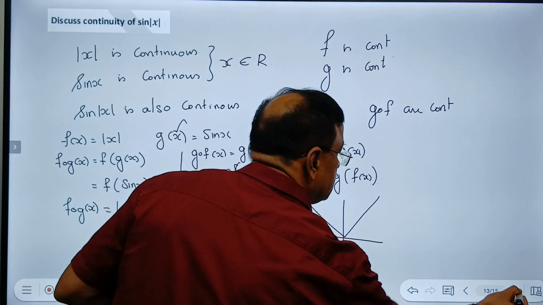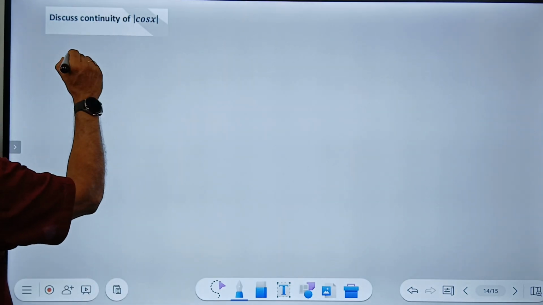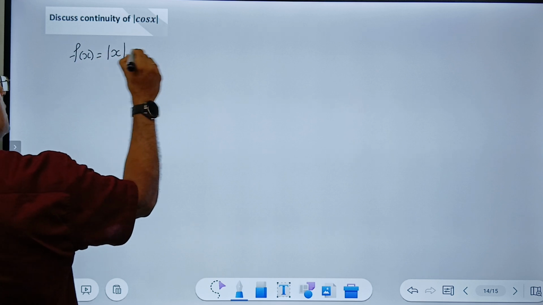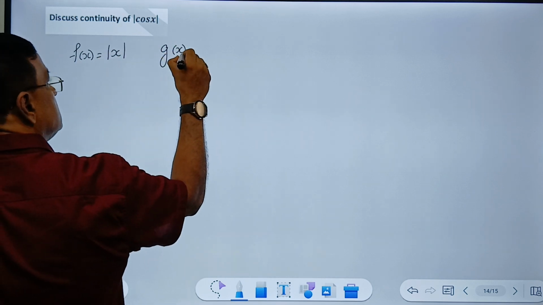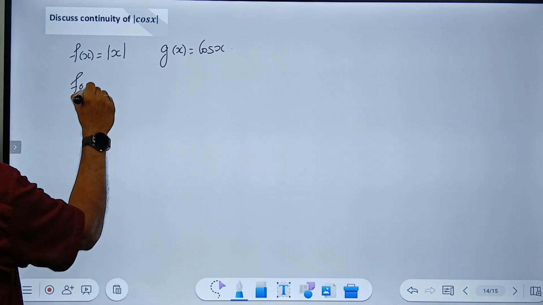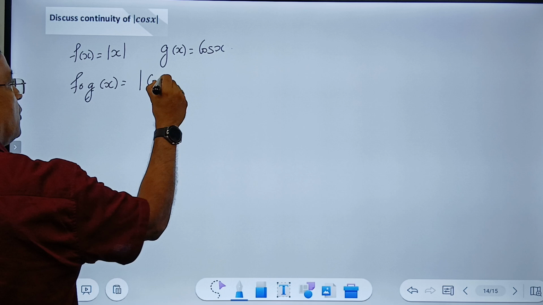I'll do one more result to look at this. Once again, this is mod cos x. Obviously, it's the composition of modulus of x and g of x, which is cos x. If you do f circle g of x, if you repeat that process, you get modulus of cos x.